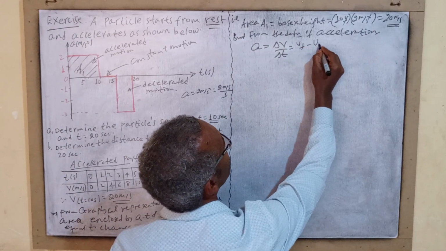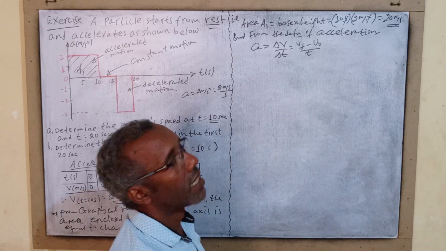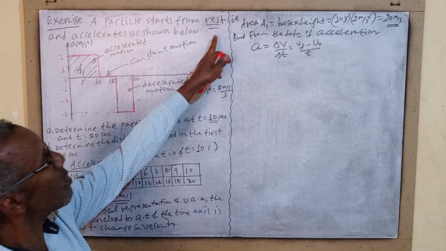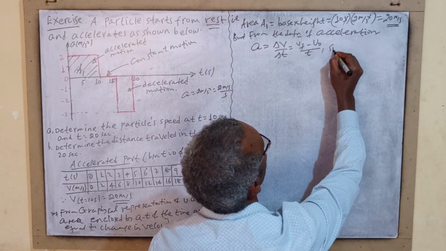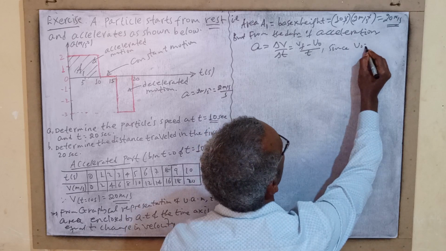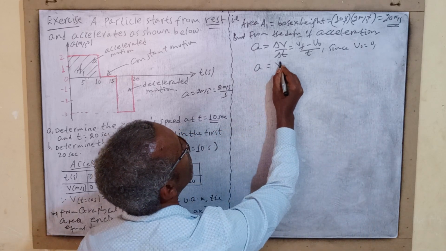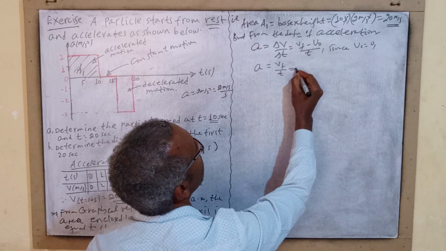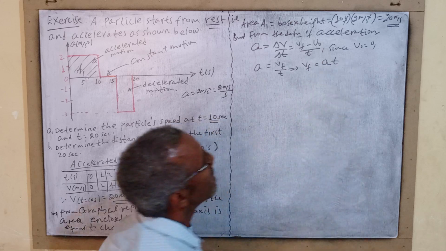V final minus V initial divided by time. Since the initial velocity is 0, since the particle starts from rest, V naught is 0. Since V naught is equal to 0, acceleration is equal to V final over T. And from this, V final is equal to A times T.